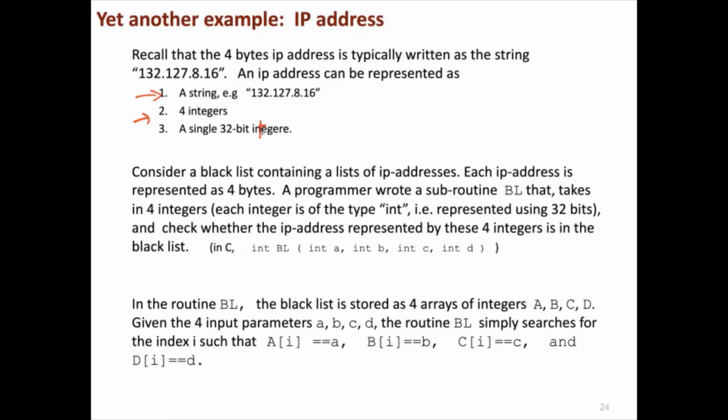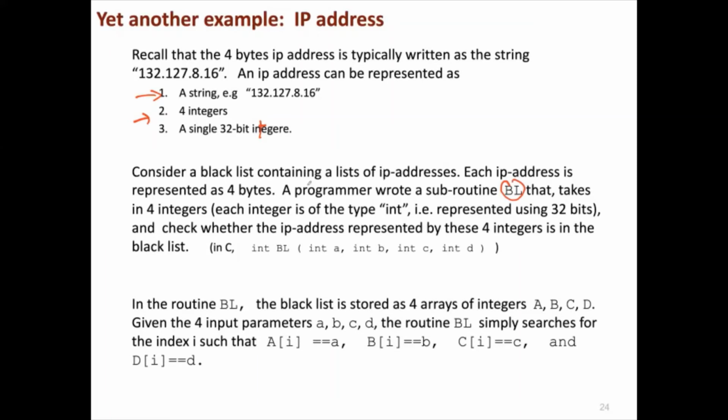These are the four bytes, each corresponding to the 4 bytes in the IP address. And the blacklist is stored as an array of 4 integers, in this way: A, B, C, D. A is the first byte, B the second byte, C the third byte, and so on.